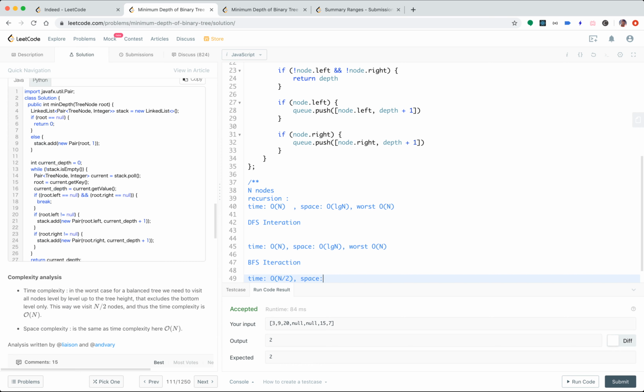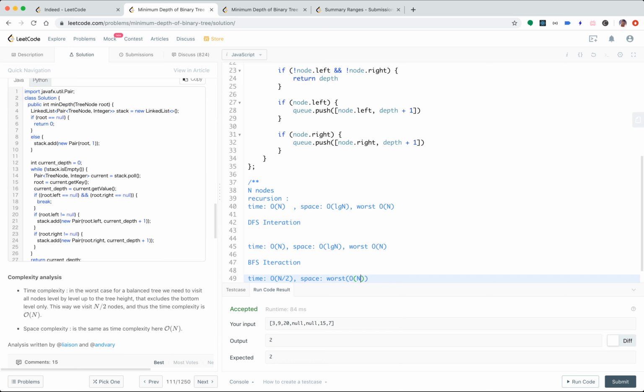Space: we use a queue to keep track of every level. In the worst case, it should be O(n).